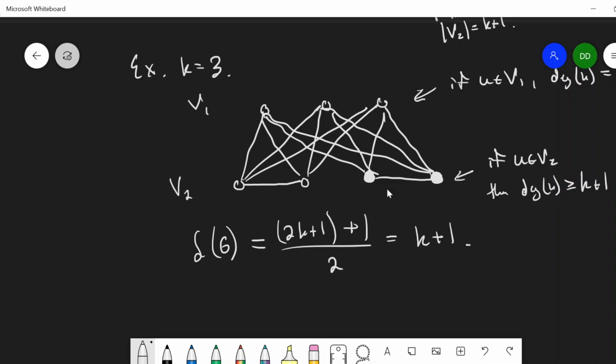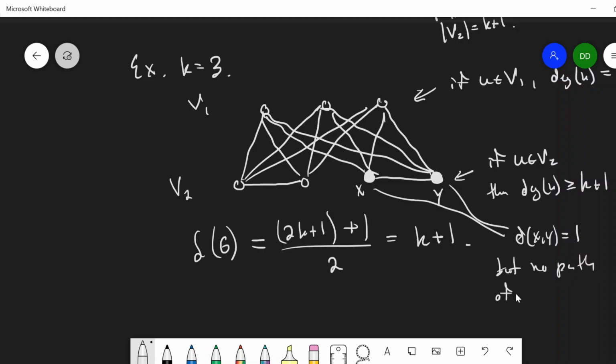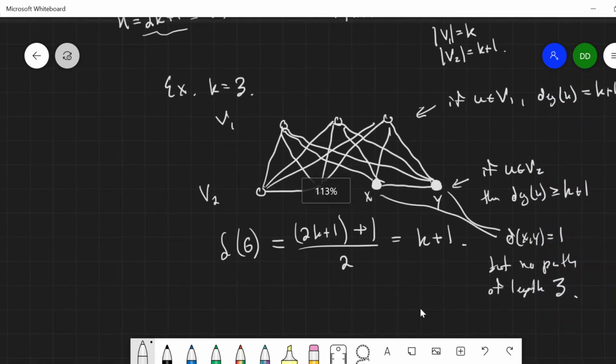And so there's no path of length 3 between these two vertices. So, calling these x and y, the distance between x and y is 1, but there is no path of length 3 between them. And so this is not pan-connected.